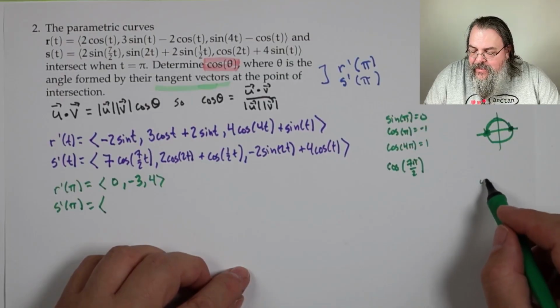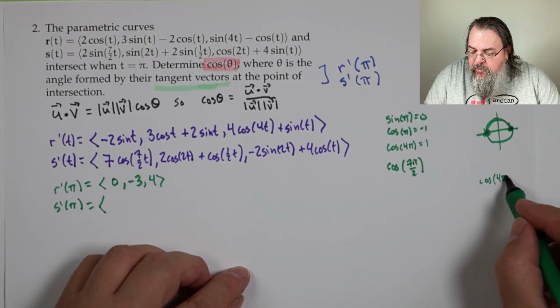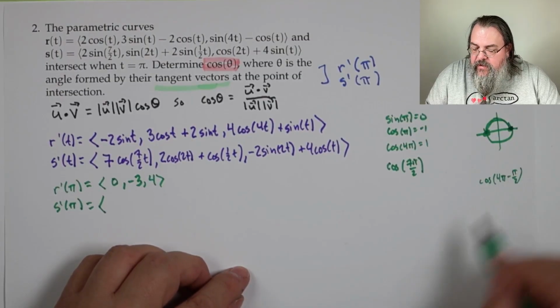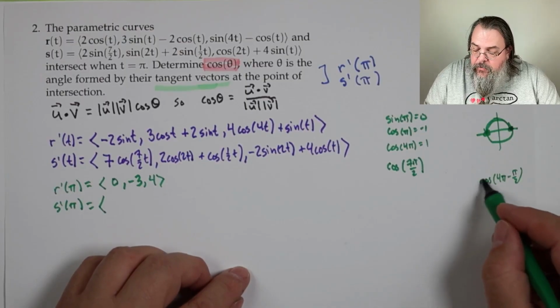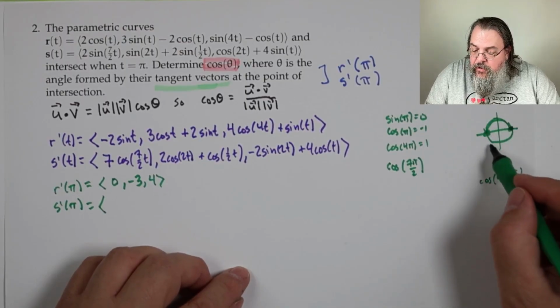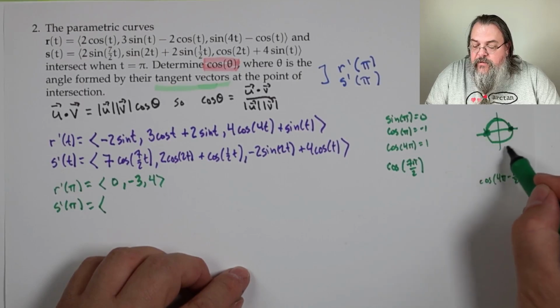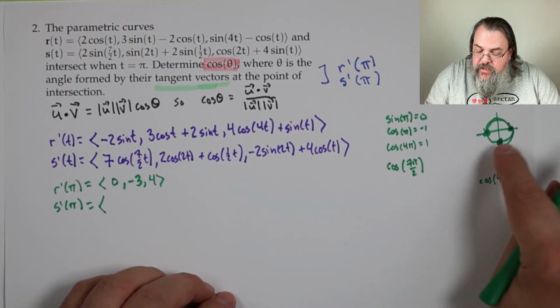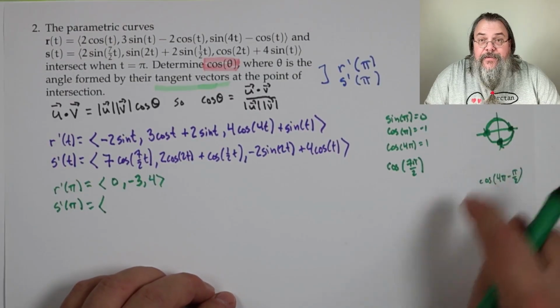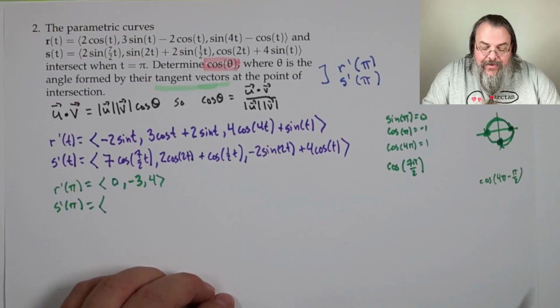So that's like cosine of 4 pi minus pi halves. Now you're probably thinking, why think of it that way? Well, we know how to do 4 pi. That's 2 full ways around and then back pi halves. So we're down here. So what is cosine of 7 pi halves? It's 0.